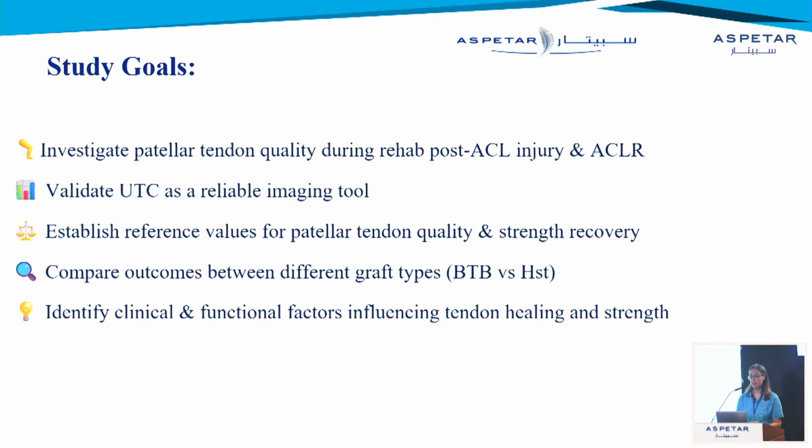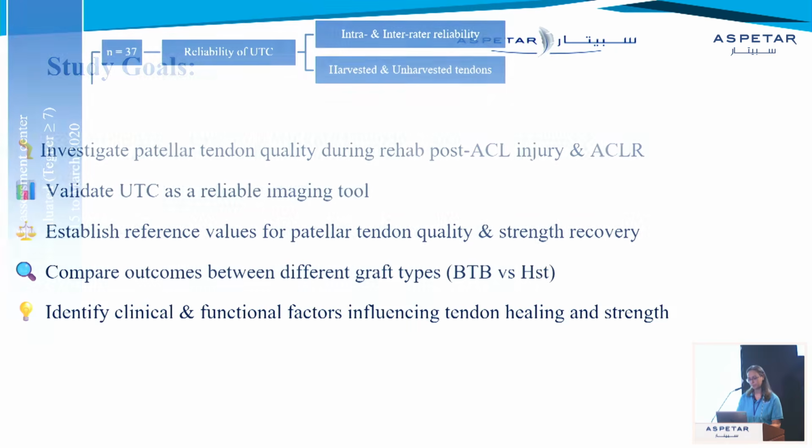First, I needed to validate the UTC as a reliable tool, and I wanted to establish reference values for these patients during the injury only, not the reconstruction, to compare outcomes between the grafts, BTB and hamstring, and to identify clinical and functional factors that were influencing tendon healing and strength.